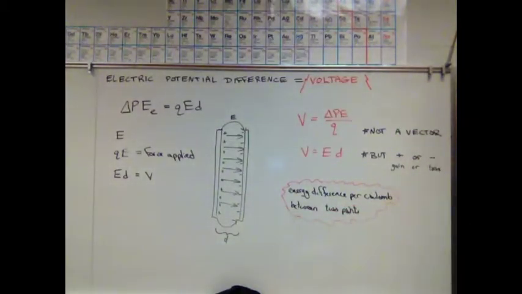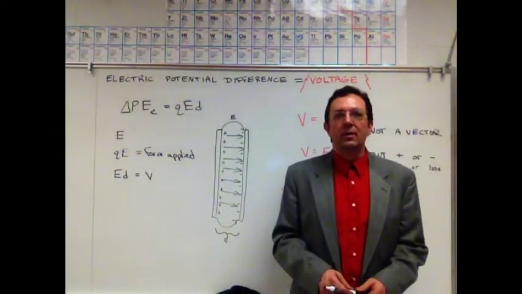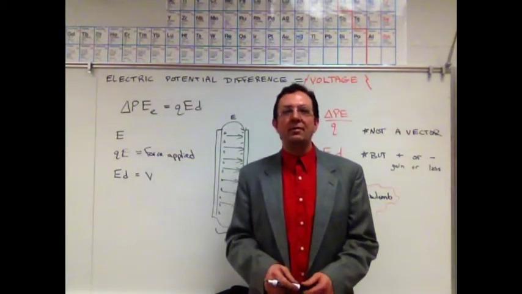And this thing, again, is not a vector, but the direction you go does matter, whether it's a plus or a minus V, positive or negative voltage, positive or negative electric potential difference, or a gain in potential or loss in potential. And that's where our preference for positive comes in again.